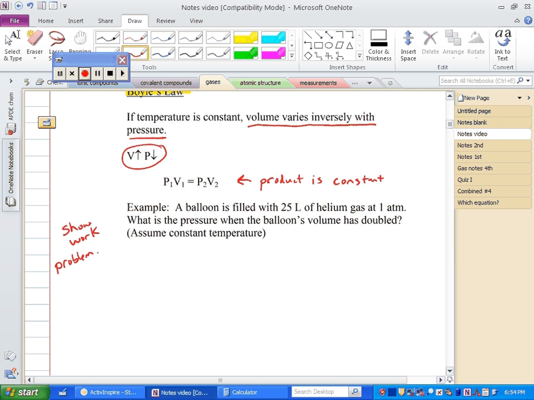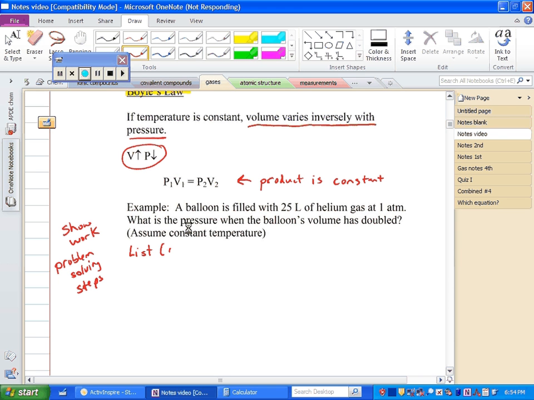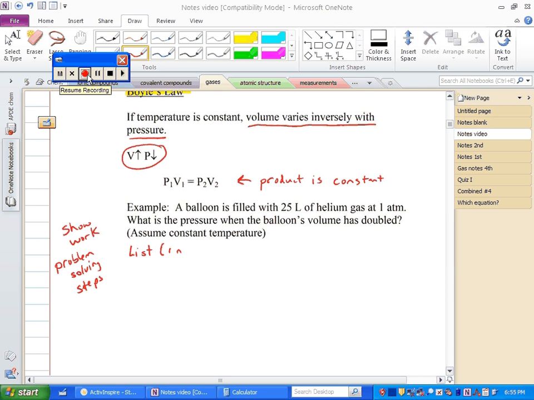And our problem-solving steps. The first thing you want to do is make a list, and that list will contain your unknown and your given. So a balloon is filled with 25 liters.